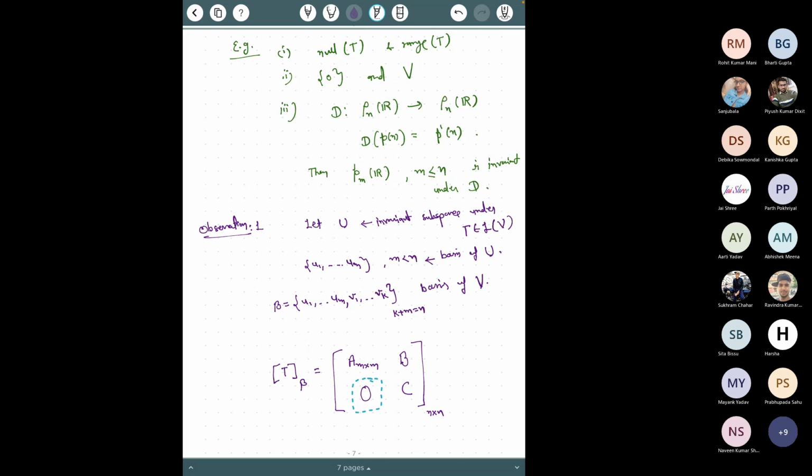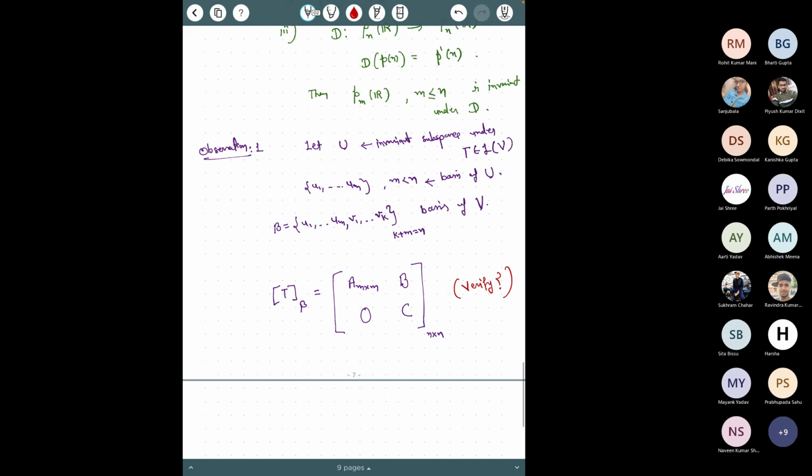Do you agree with him? Yes, sir. Why is this? Because U is invariant, right? So others can easily verify this. I'm writing that the matrix of T with respect to this basis would be of this form.